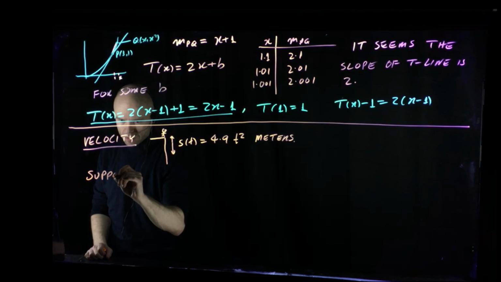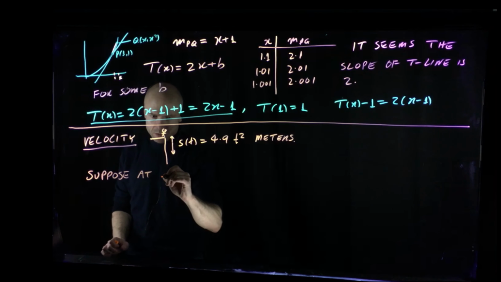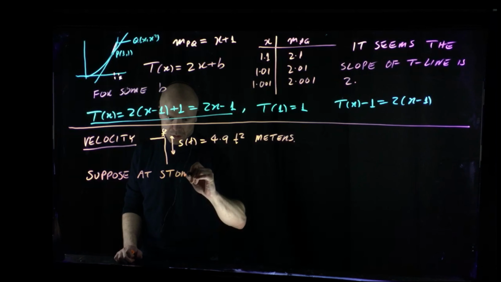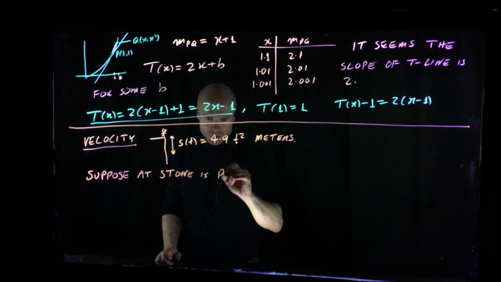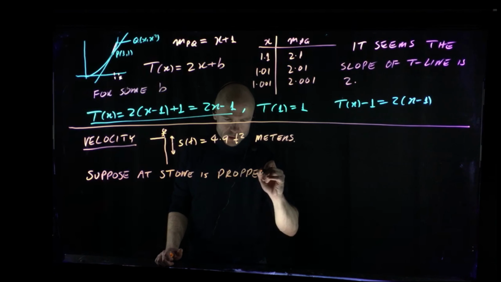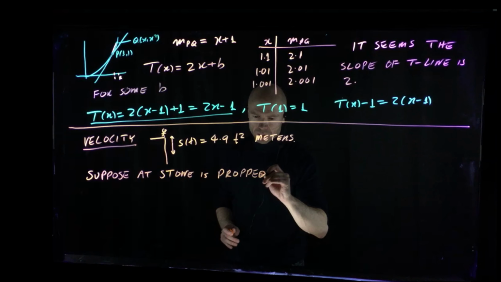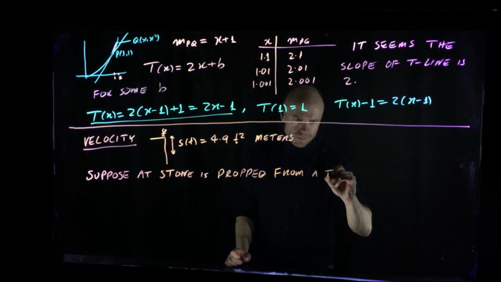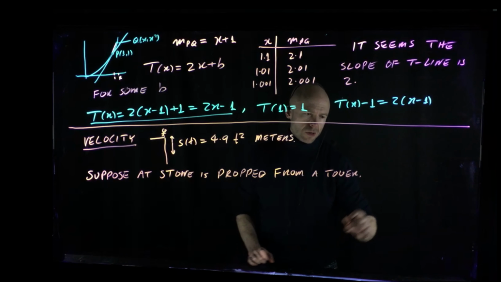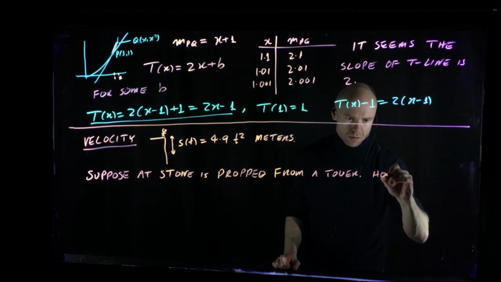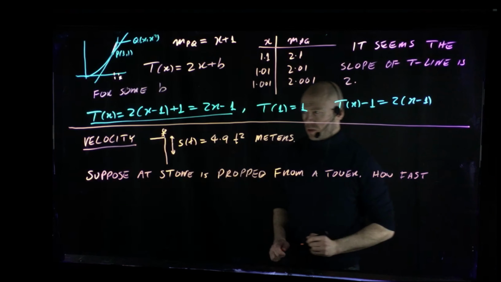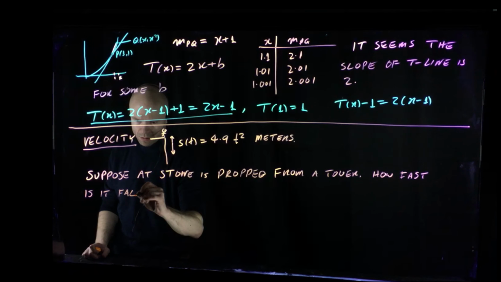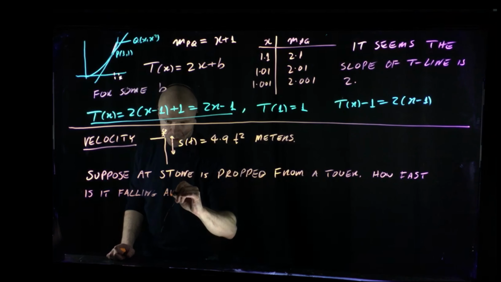Suppose a stone is dropped. So in the book they say the CN Tower, which is a very tall tower, but we don't care, is dropped from the tower. How fast is it falling after 5 seconds?